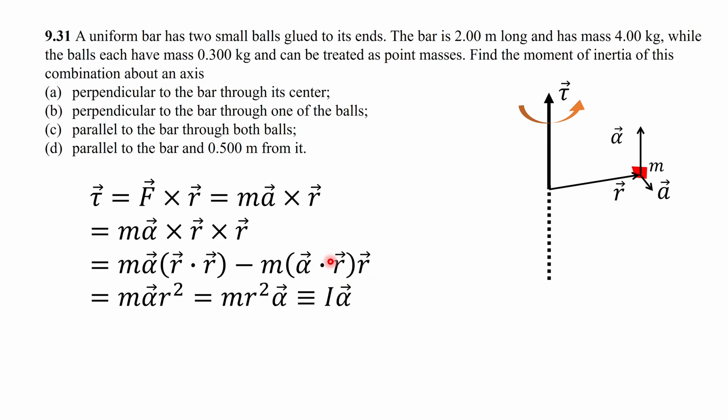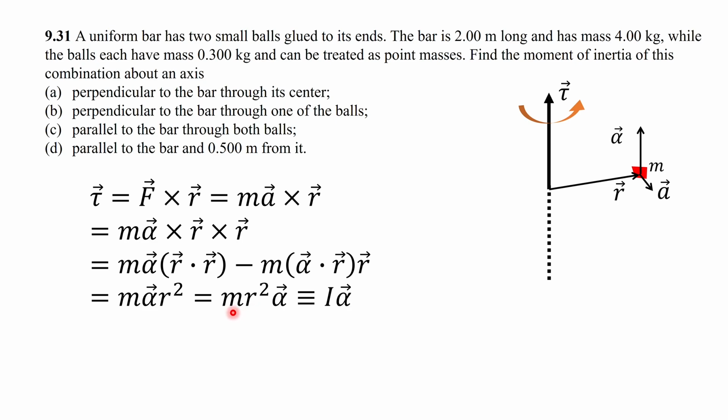So the dot product gives you the 0 result. So the second term is 0. So we only have the first term. That is m, acceleration, and the radius squared. And we just flip this order, and we have mr squared times the angular acceleration.